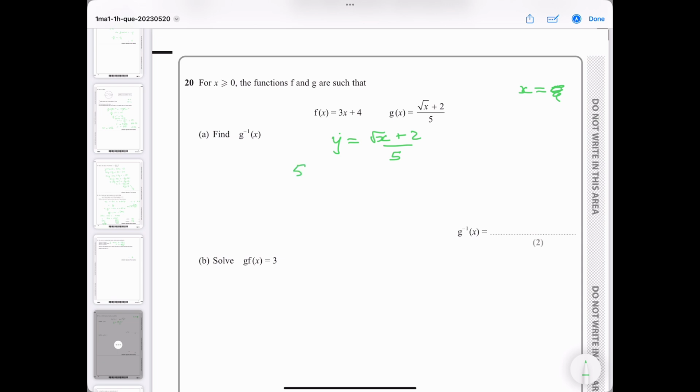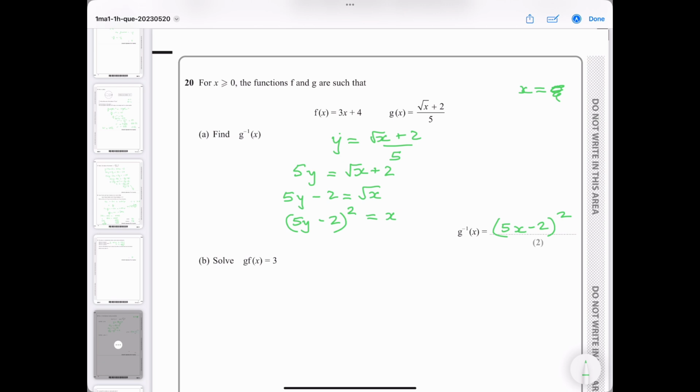So if we times by 5, 5y equals root x plus 2. 5y minus 2 equals root x. And if we square both sides, we get 5y minus 2, all in a bracket, squared equals x. So now we rewrite it as 5x minus 2 squared.